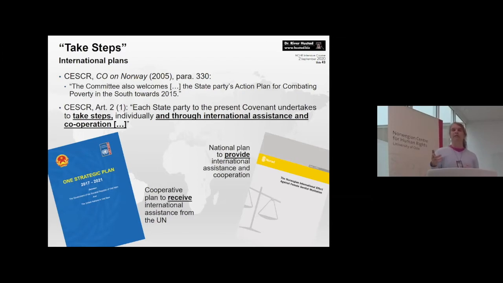And the one on the right is a national plan from Norway to provide international assistance. Both of these would be part of the obligation of states to make plans. The plans have to be national in implementing the rights within their own country, but also international, to get help to implement within their own country, and also to provide help to other countries.